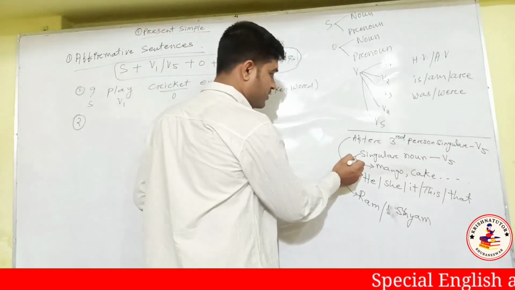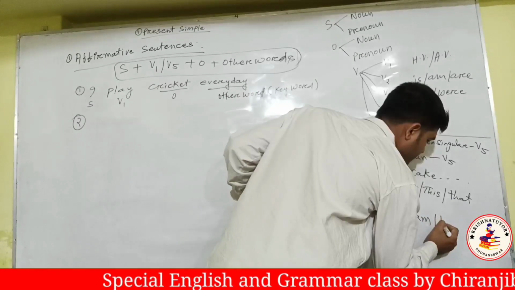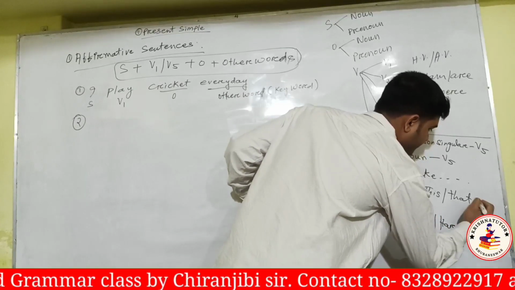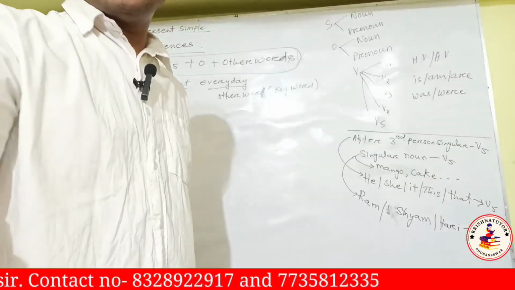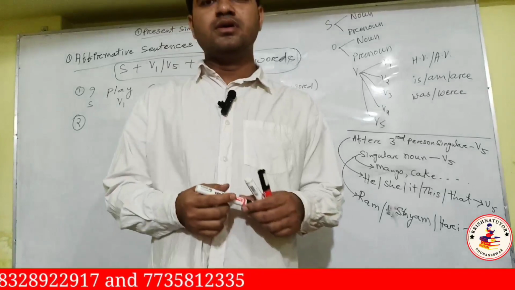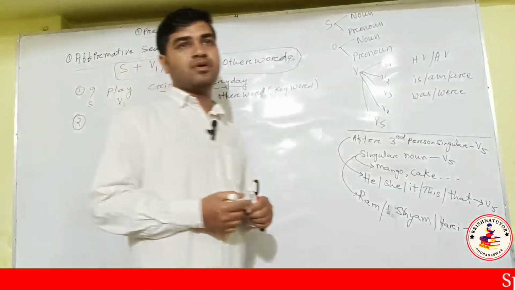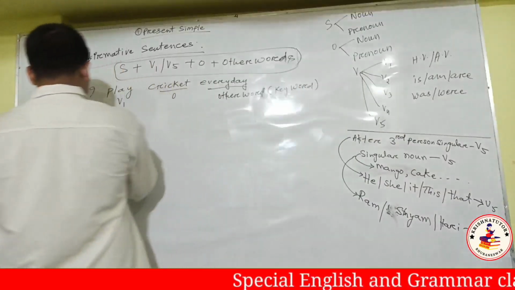These are third person singular nouns. Use V5. So after third person singular, use V5. Otherwise use V1.